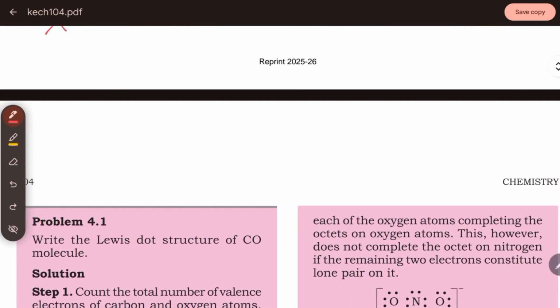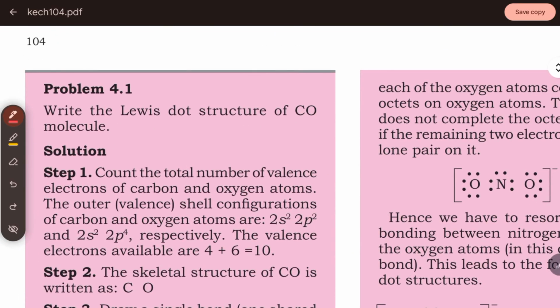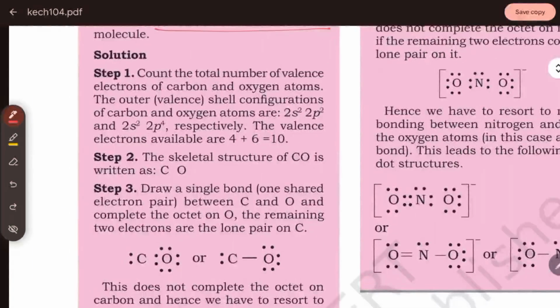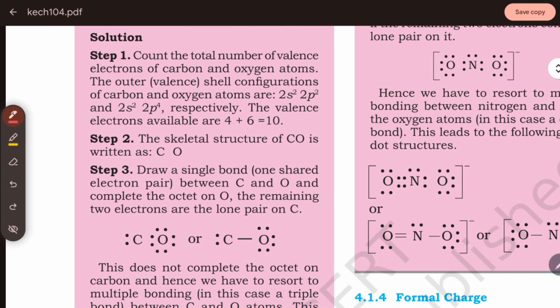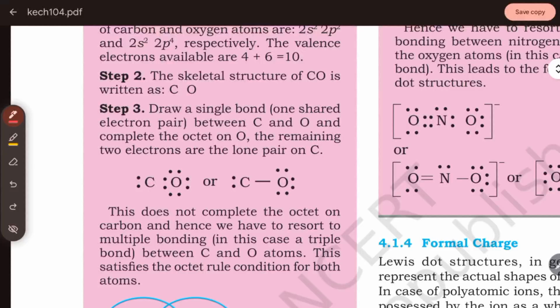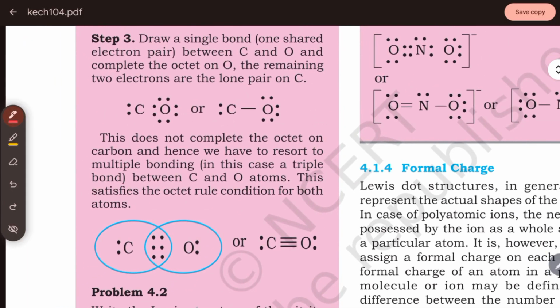Next, moving on to the example problem, you have to draw the Lewis dot structure of CO. So these are certain hit and trial methods in order to say whether there is octet configuration achieved or not. Finally, you land up to this. See carbon 1, 2, 3.